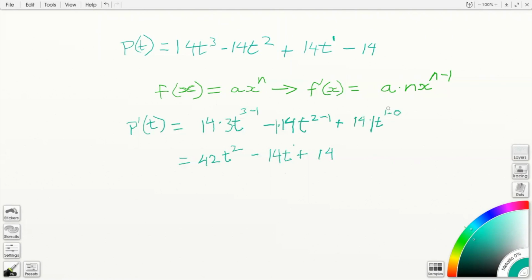However, since t is now to the power of 0, it's like we're timesing 14 times by 1 again. So using the exponent rule, any unknown to the power of 0 will just equal 1. And that's where we get that from. So instead of writing 14 times 1 here, we can just write 14. And that is the answer.